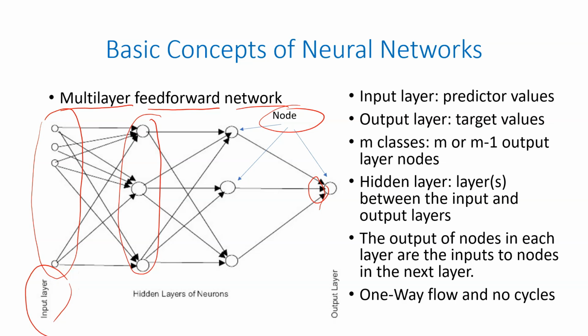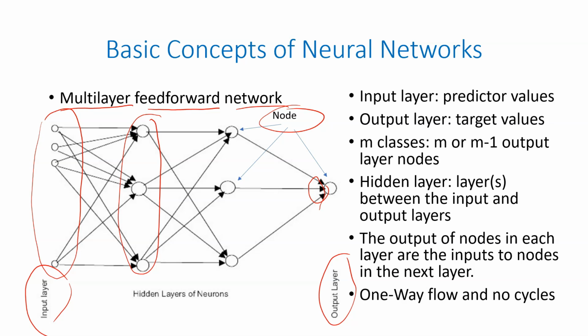The input layer contains the predictor values, and each node represents a predictor variable. In this example, we start with 4 predictor variables. The last layer of nodes in the network is called the output layer, whose nodes represent the target variable or values. In this case, we have only one output layer node.